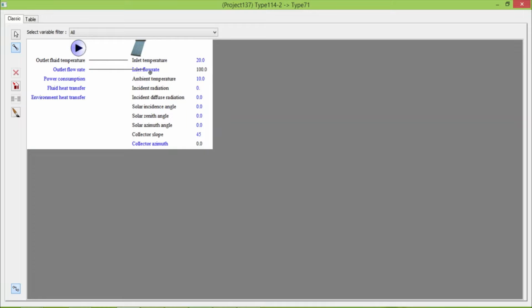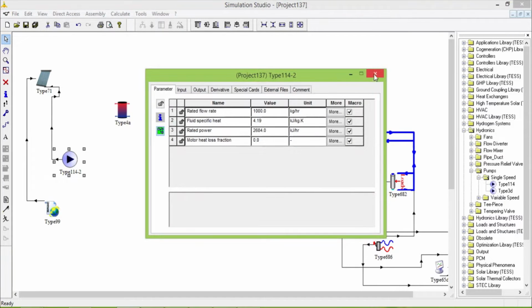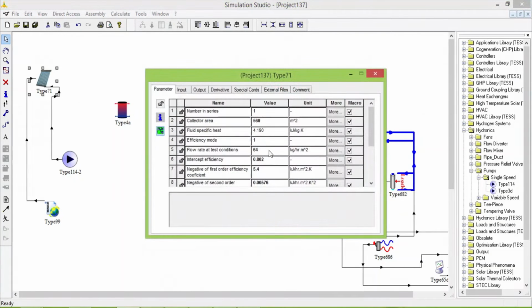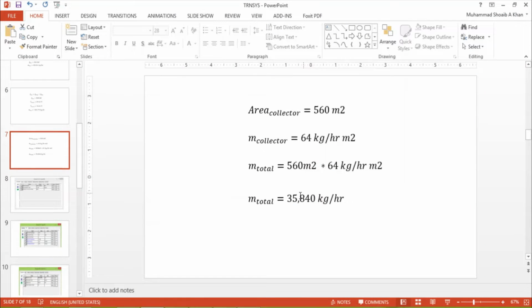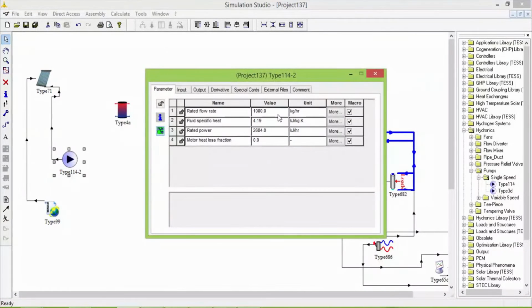Okay, and I need to calculate the flow rate. So for flow rate we have 64 kilograms per hour per square meter multiplied by 560, so we will get 35,840 kilograms per hour.